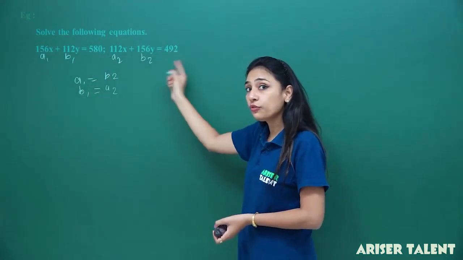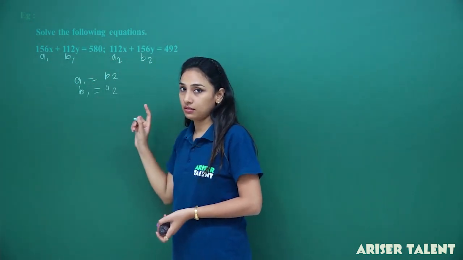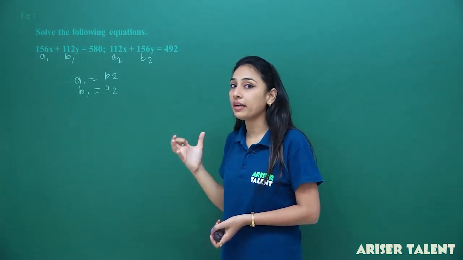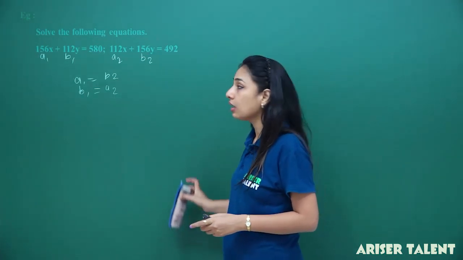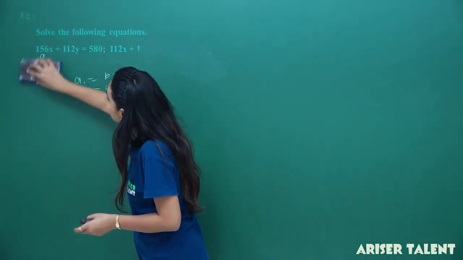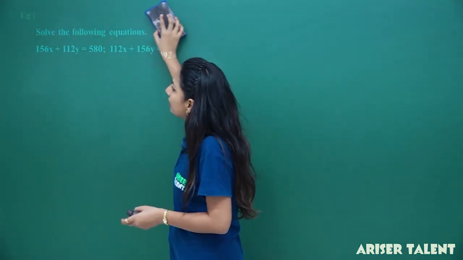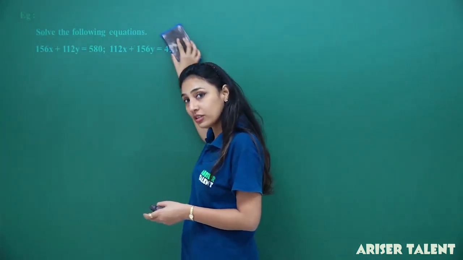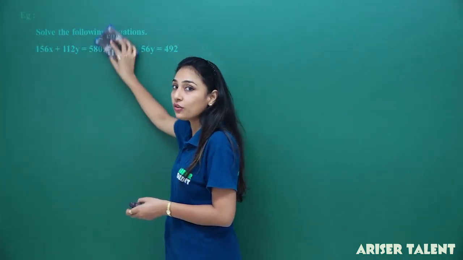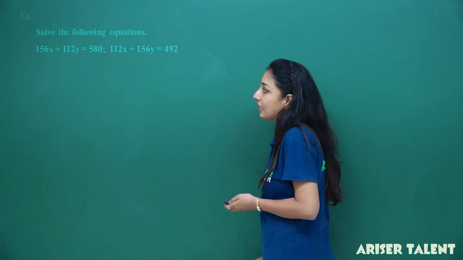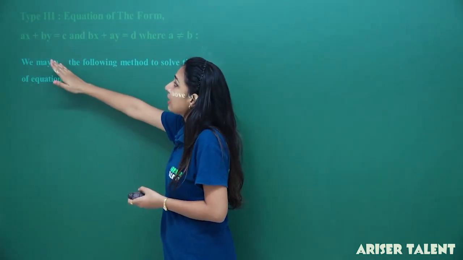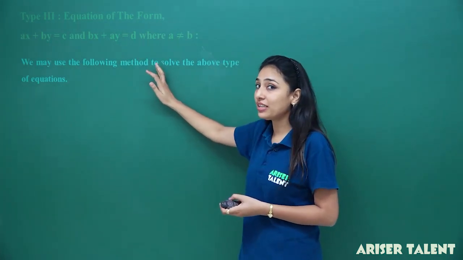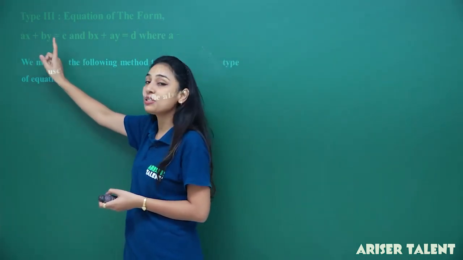So, if you see this kind of format in your equation, then don't go for the long process. Why am I telling this kind of format? Because we have some specific tricks for this kind of questions. We are going to discuss that today in our lecture. So, students, this is the format about which we are discussing, that is ax plus by.